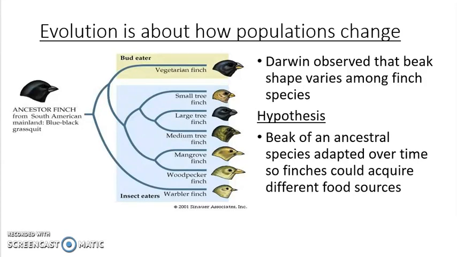These finches all had similarities in their overall body architecture, but there were some very distinct differences amongst the breeding species, and they would pass on these characteristics to their children. Because of his observations, he came up with a hypothesis: that the ancestral species adapted over time. Certain changes were occurring in these finches, and then those changes would get passed on, allowing their kids to acquire different kinds of food sources.